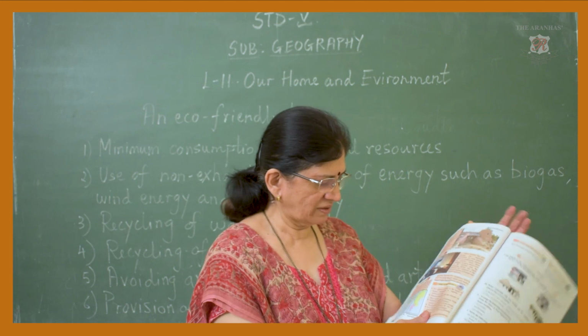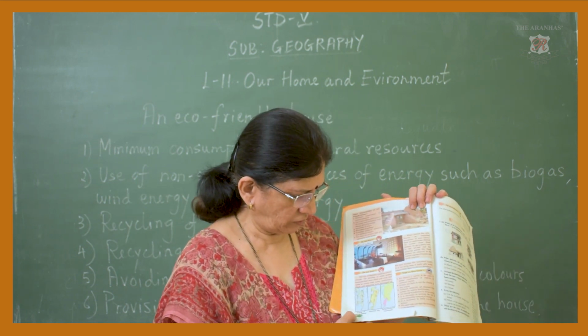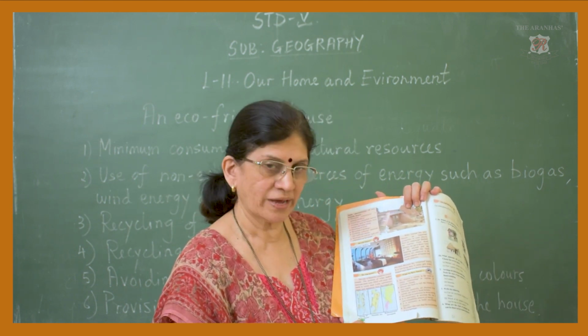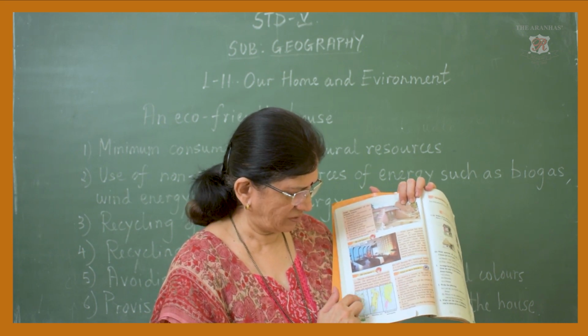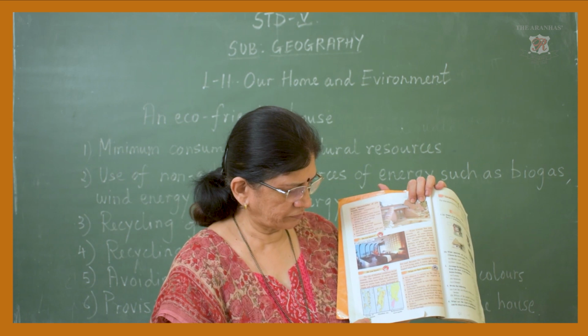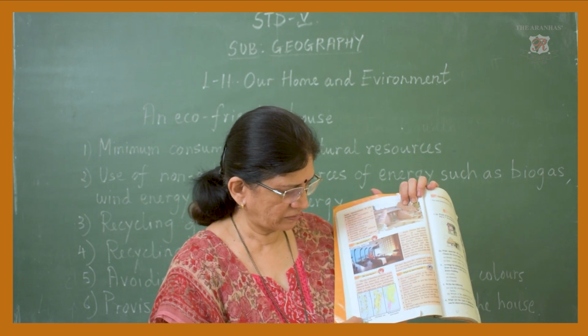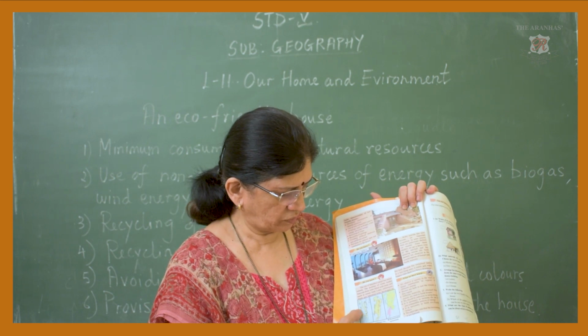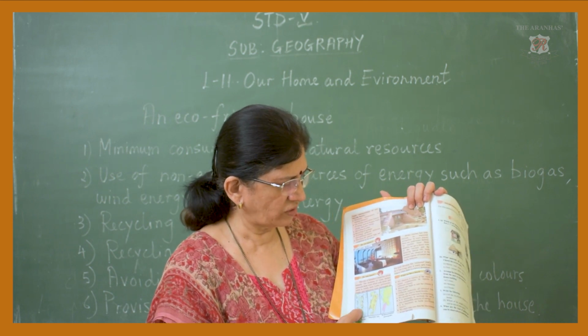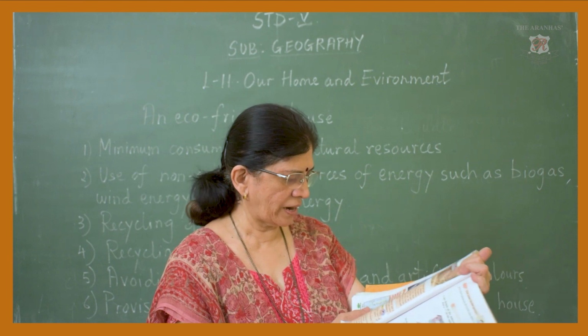Now here they have shown the city of Mumbai. It was a group of 7 islands. Then they started filling. You can see a lot of water is there between the islands. They started reclaiming those places where water was there, filling it with sand.